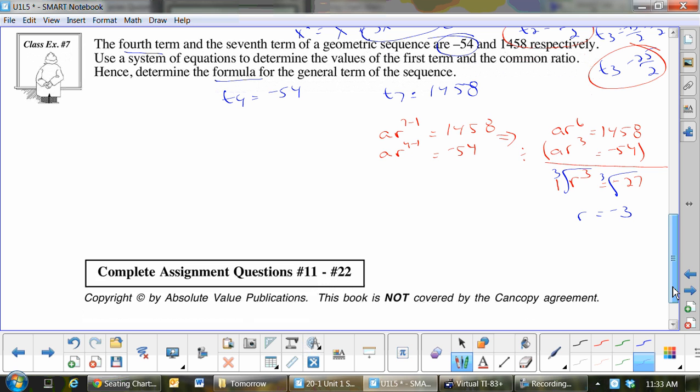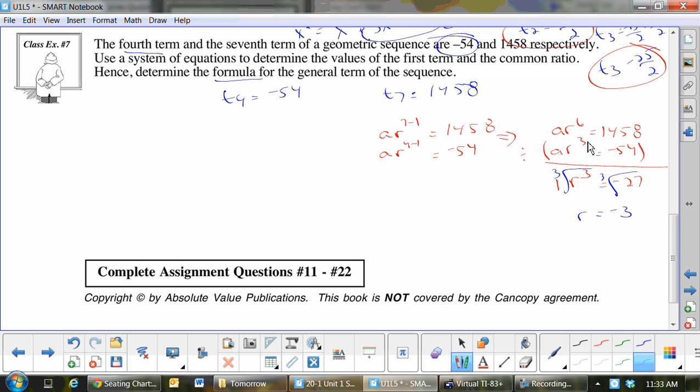Now that is a lot of information, because if I know R, it doesn't matter what formula I pick. I could use this formula right here, and if I put in negative 3 here, I'll put it to the 6th power, and then I'll divide them both out, and I'll get A. Does everyone see that? If I put it in this formula, I'd cube it, then divide that out, and then I would get A.